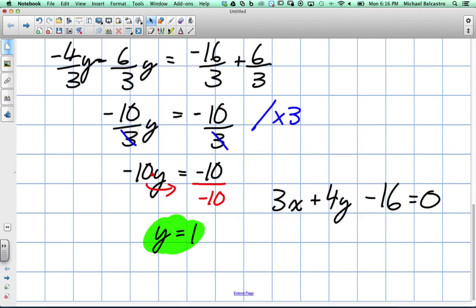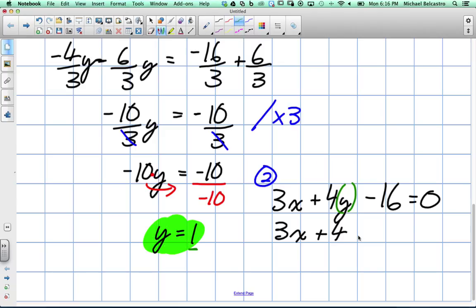Okay, here's our equation 2. And we're going to replace y with the value of 1 since we found it. So now we'll end up with 3x plus 4 times 1 minus 16 is equal to 0.